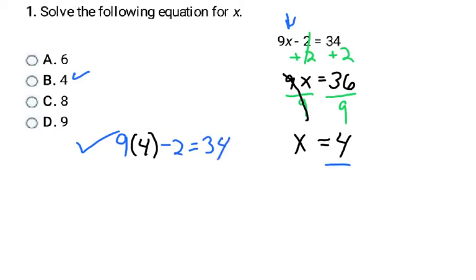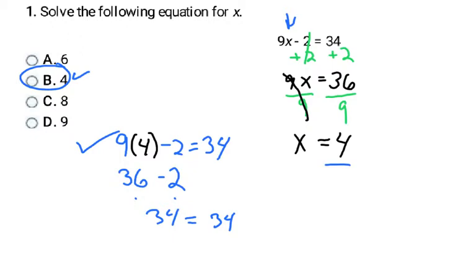And if I did it correctly, both sides will end up being the same. So if I look at the left side, I have 9 times 4 minus 2. I'm going to do the multiplication first because of order of operations, PEMDAS, or please excuse my dear Aunt Sally. And then I have 36 minus 2 is 34. My right side was also 34, so they do equal out. So my answer is B, 4.